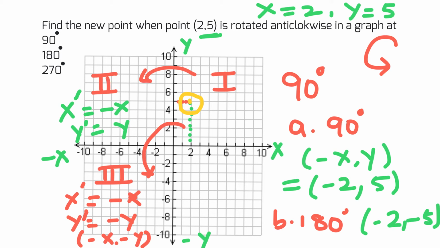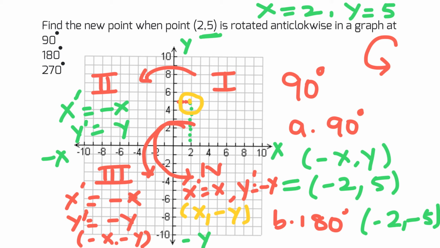Now next it says 270 degree rotation. So 270 degree from the first quadrant will land you in the fourth quadrant. So in the fourth quadrant, x is x and y is minus y. So the new point that I have is x and minus y.